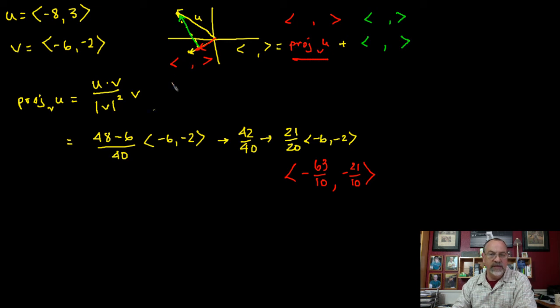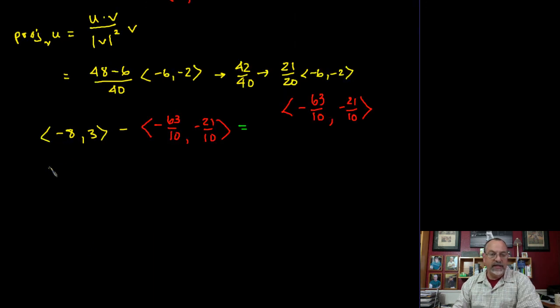So I simply need to take the u vector, which is negative 8, 3, and then I need to subtract the projection vector of negative 63 over 10 and negative 21 over 10, and by subtracting those, that's going to give me the components of this other vector.